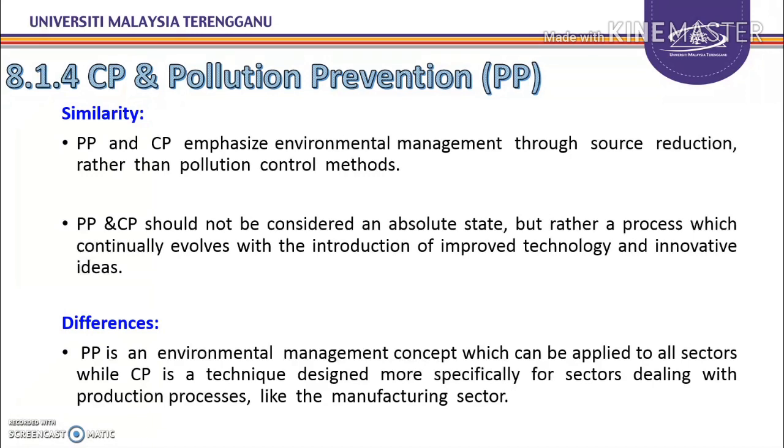These two concepts should not be considered as an absolute state, but rather a process which continually evolves with the introduction of improved technology and innovative ideas. So what is the difference? PP is an environmental management concept which can be applied to all sectors, while CP is a technique designed more specifically for sectors dealing with production processes like the manufacturing sector.